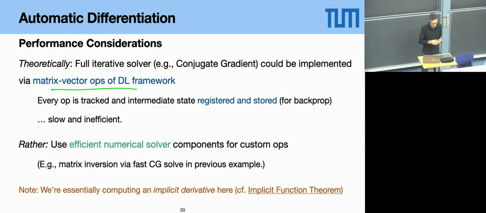Right, I don't want to go into the full write-up here, but this is an implicit derivative, of kind of looking at the high-level operation and computing the gradient also with the final quantity with the A inverse.